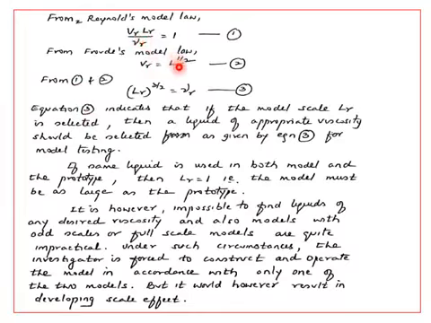If you combine the Reynolds model and Froude's model law, then VR is LR to the power of half, so LR to the power of half into LR is equal to nu R. So LR to the power of 3 by 2 is equal to nu R, is the new equation that we got when we combine both the Reynolds model law as well as the Froude's model law. So now what does this equation 3 indicate?